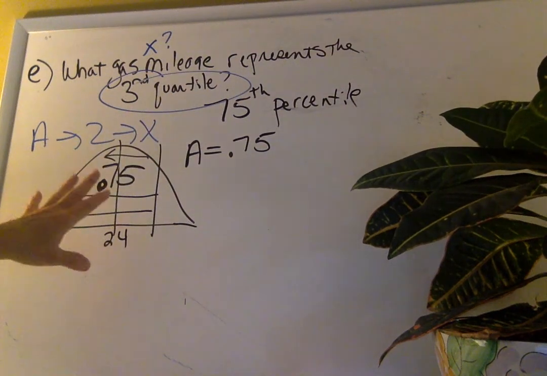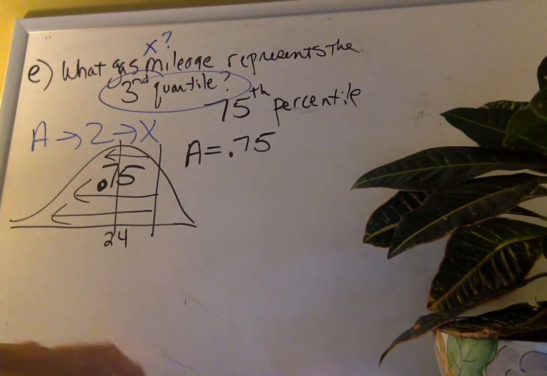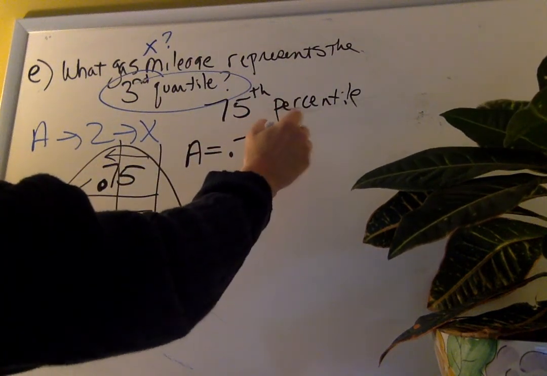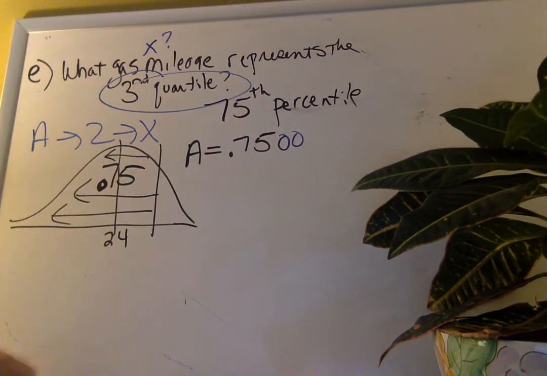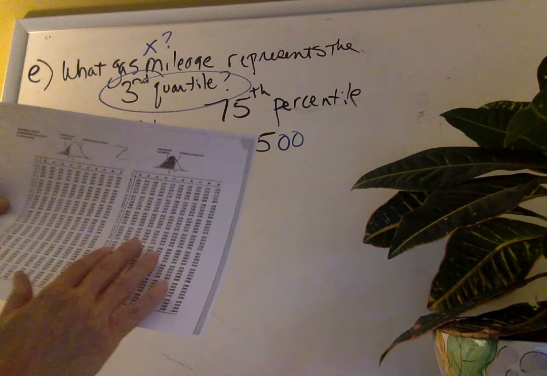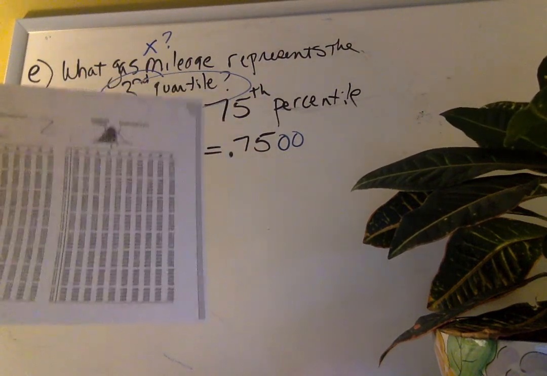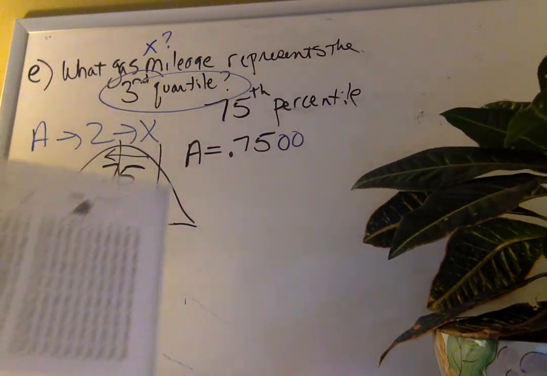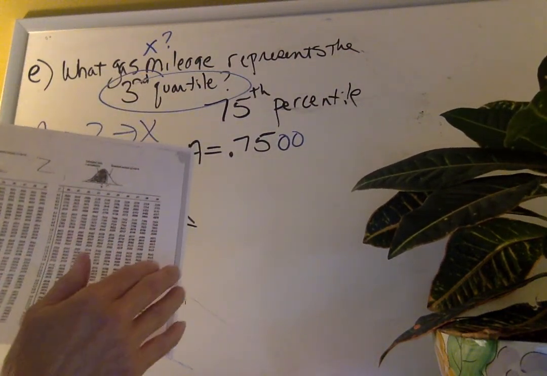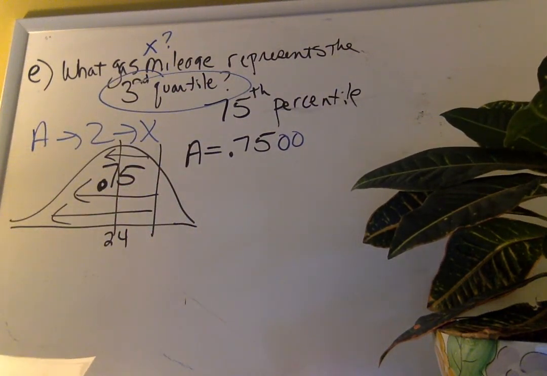I only did that because I thought through the problem though. So again, if it makes you more comfortable, you can make it 0.7500. You're going to start to go through here and find 0.7500. That's not a z-score, that's an area, right? I'm looking all around in here. I got 0.7486, 0.7517.